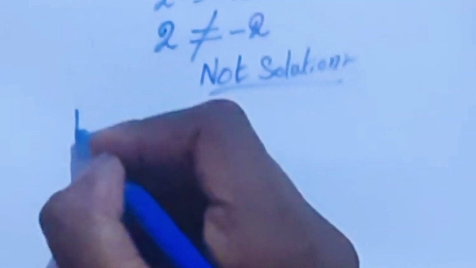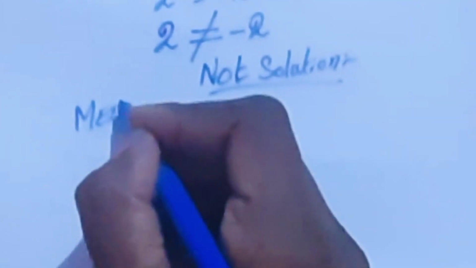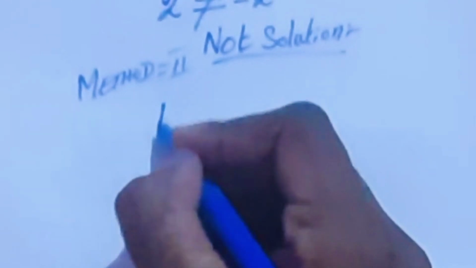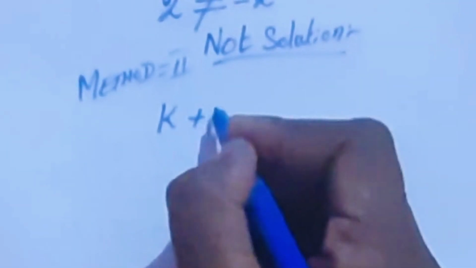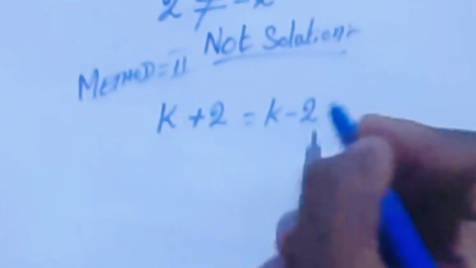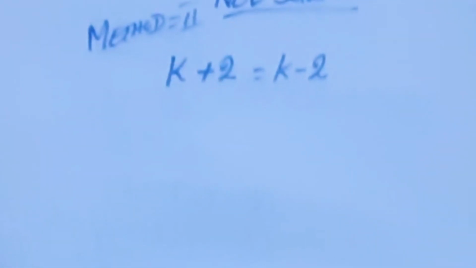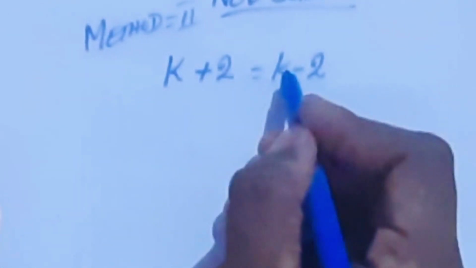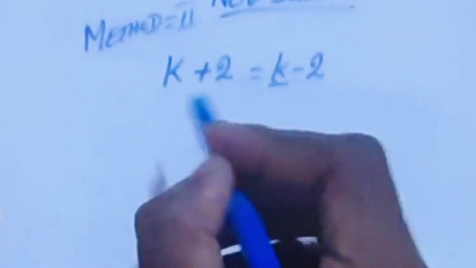Now we are going to try the other method, method 2. Here k plus 2 equals k minus 2. In this method, we are moving this k to the left hand side.